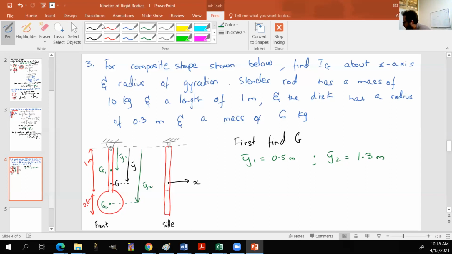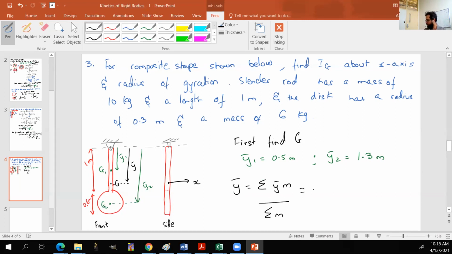Now we find y bar, because that's what we need to do to find out where G is. That's the sum of the locations of the mass centers of your composite masses times their masses, divided by the sum of all the masses.